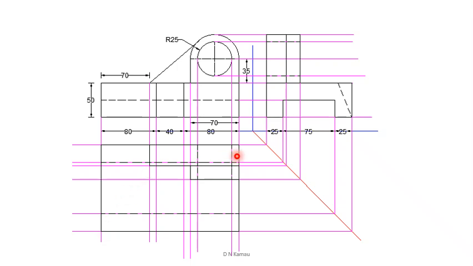Then we have the hole here represented by this dotted line and by this other dotted line. Then we have this part represented by this part over here, and it also has some hole. You can see the dotted line coming from here and here.